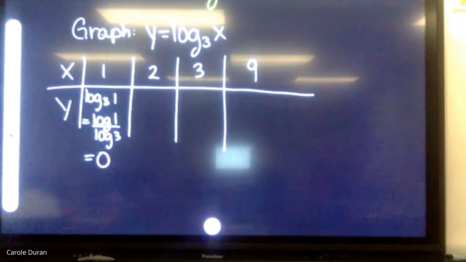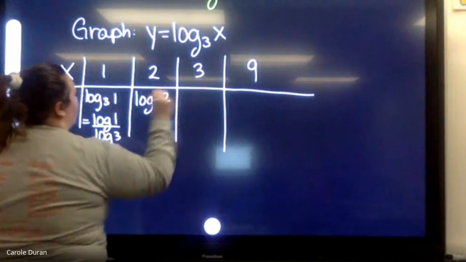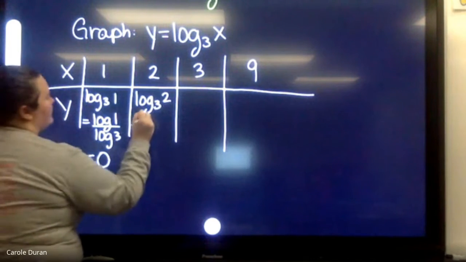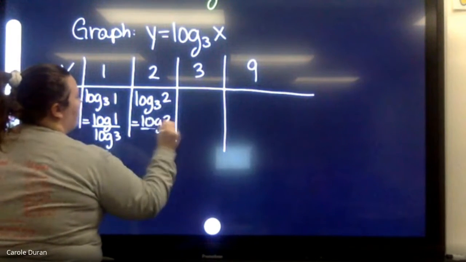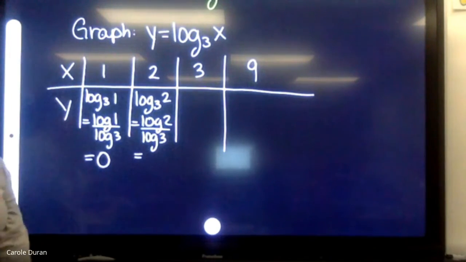I do the same thing with 2. This becomes log base 3 of 2, which means when I solve it, I want log of 2 over log of 3. And I plug it into my calculator and solve.